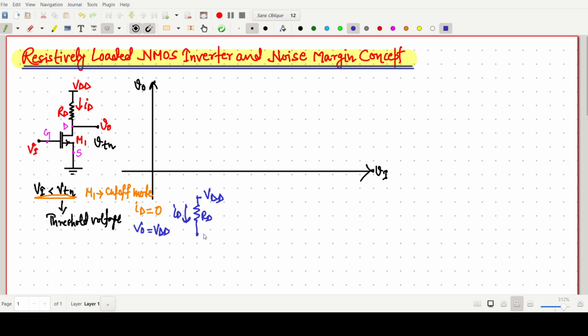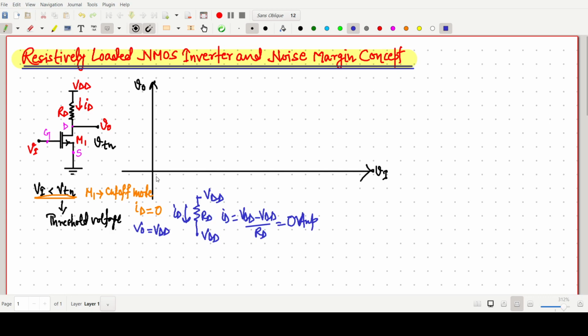So the ID current will be VDD minus VDD by RD. So that's why 0 ampere current is flowing.